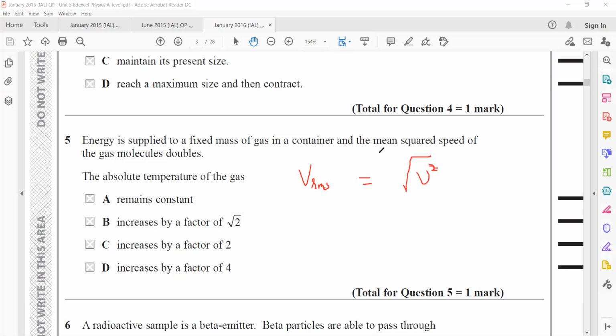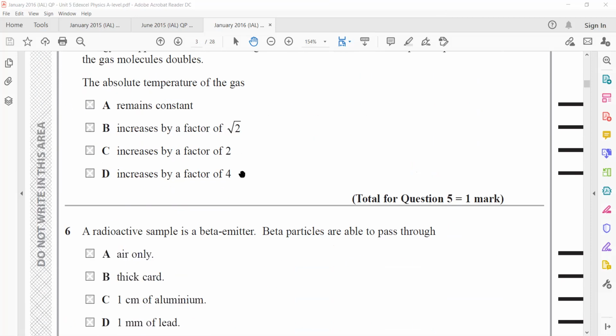And how we represent this? We represent it by V bar, the root mean square speed.